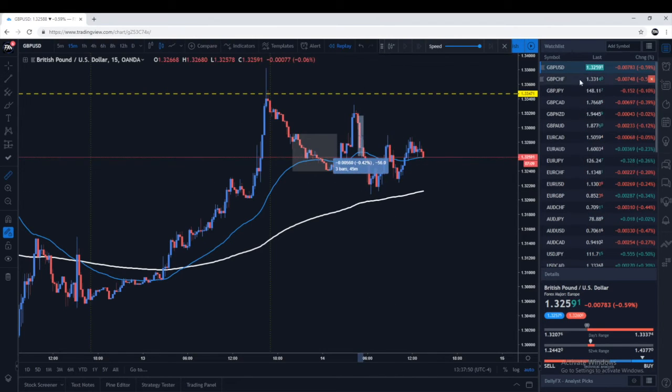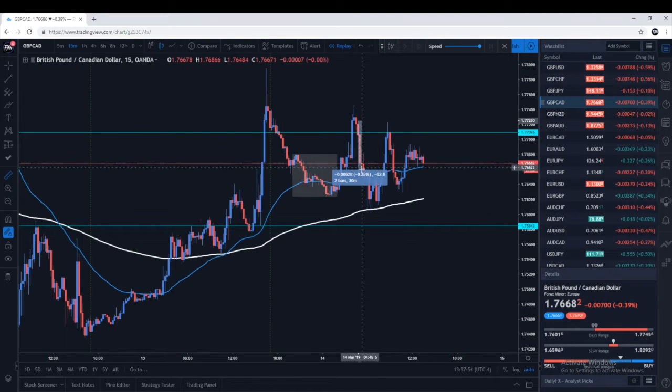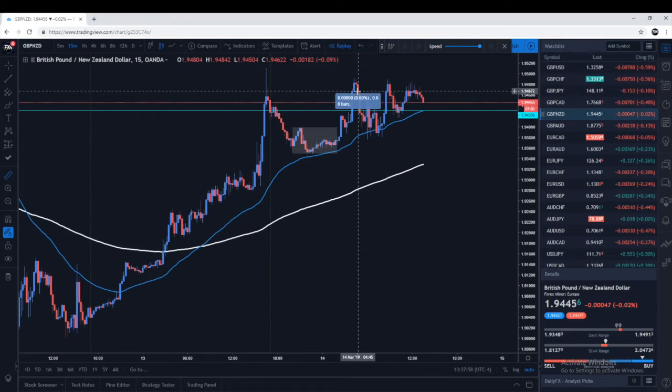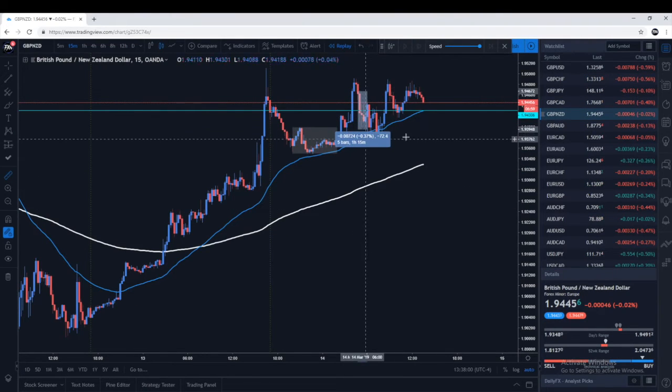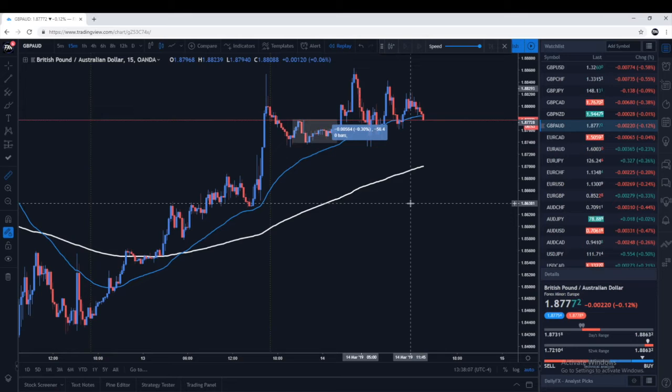Some of them did 60 to the 50. Yeah, this one was almost 70 to the 50. This one's 72 to the 50. So all of them different, same theme, different pips depending on where you got in and out at.